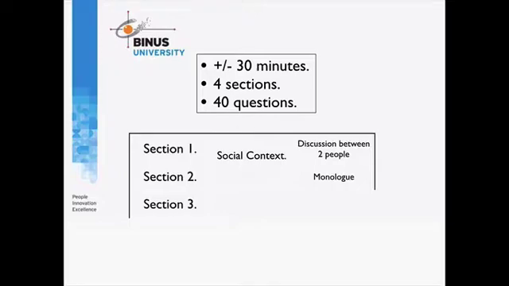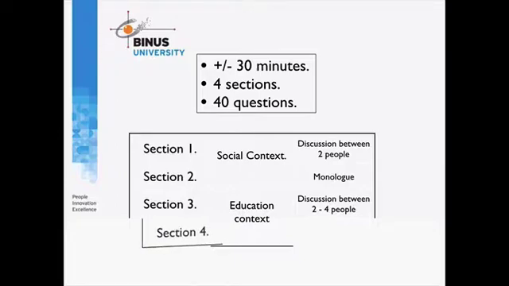Then we move on to section 3, and rather than a social context, section 3 and section 4 actually refer to education contexts. In section 3, you'll get a discussion between 2 to 4 people. So the only difference between section 1 and section 3 is that there might be more people involved in the discussion.